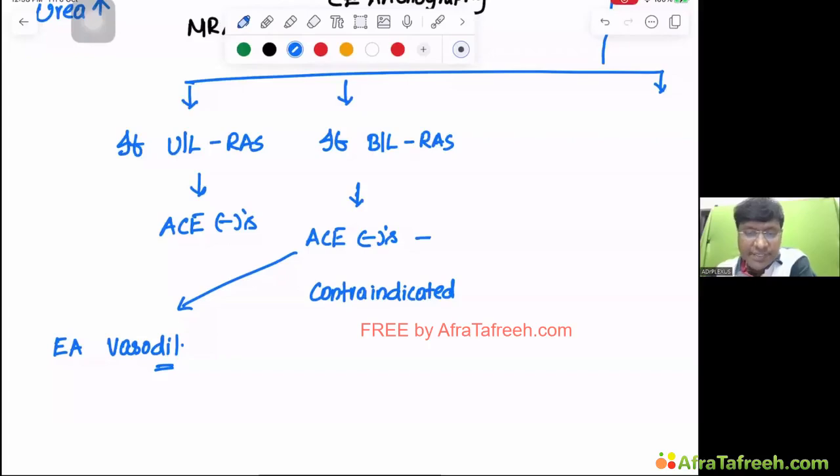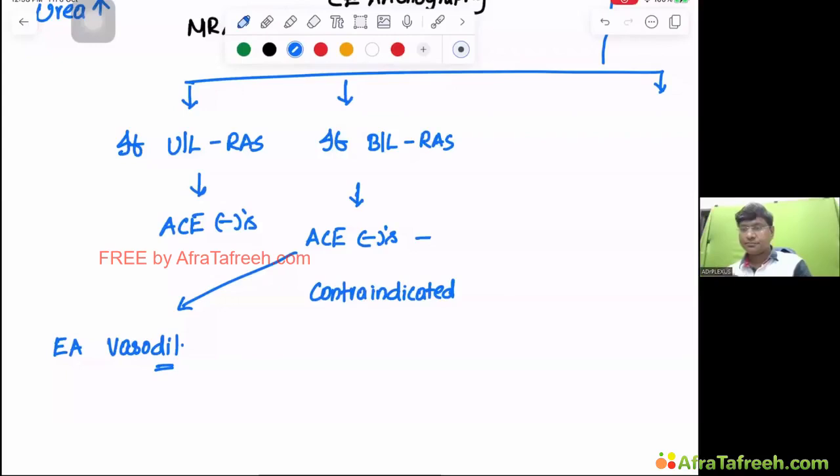What are the other conditions where the ACE inhibitors are contraindicated? Yes. What are the other indications? Very good, Hari. In pregnancy, right? They are absolutely contraindicated. Then the other conditions where ACE inhibitors are contraindicated. Yeah, angioedema is the adverse effect actually.